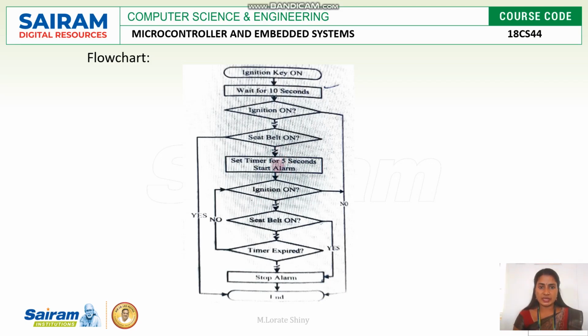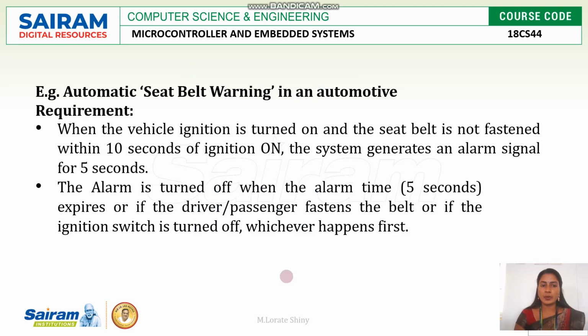During these 5 seconds, it has to check three things: whether the ignition key is still on, or the seat belt is on, or time expired. If anything is true, then the alarm will be stopped. So this is the example for the sequential program model.